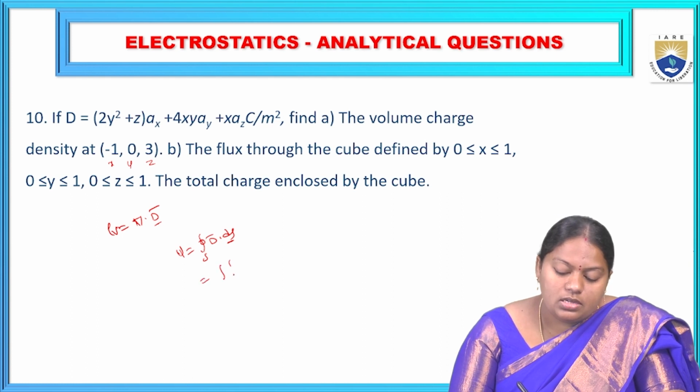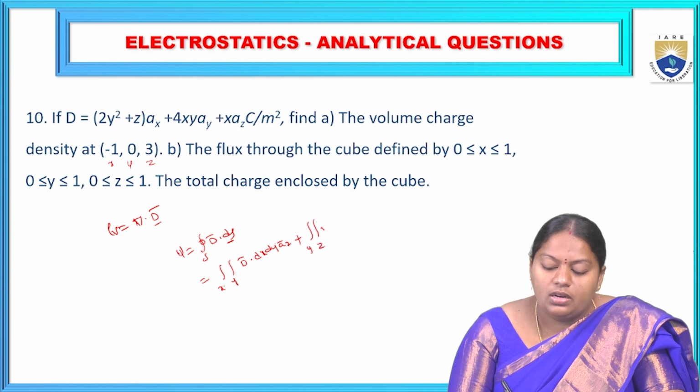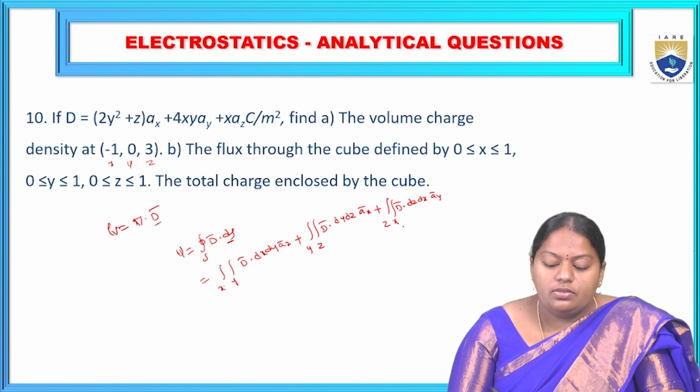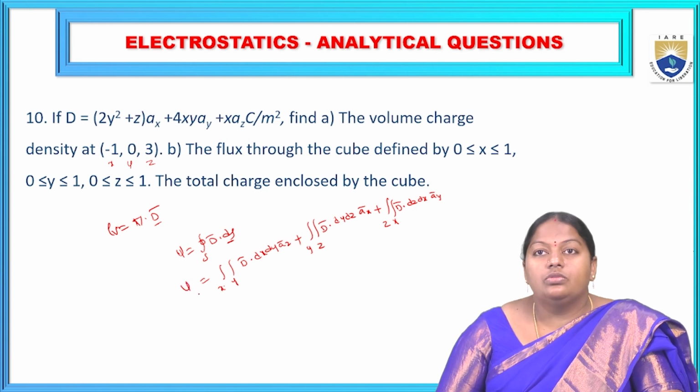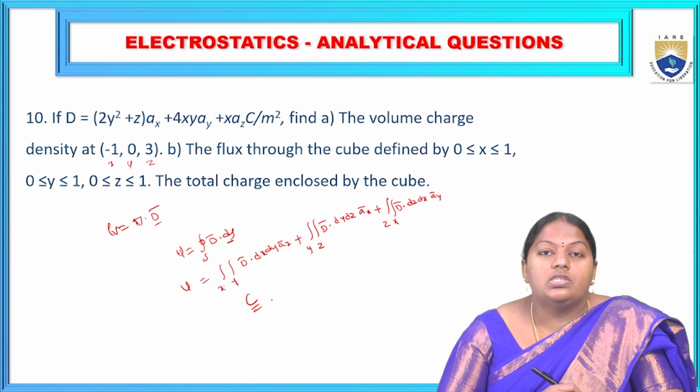This can be written as integral of D dot dx dy az plus integral of D dot dy dz ax plus integral of D dot dz dx ay. So like this, if you evaluate the flux passing through the cube, psi can be obtained, and it is to be measured in terms of coulombs.